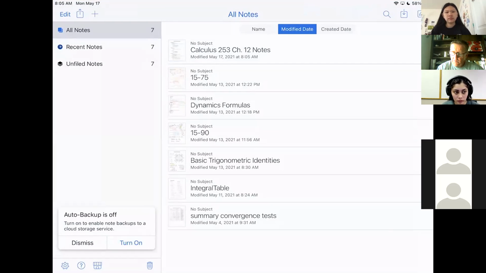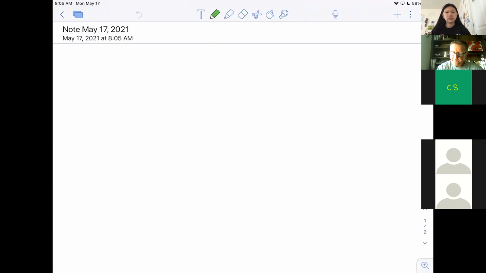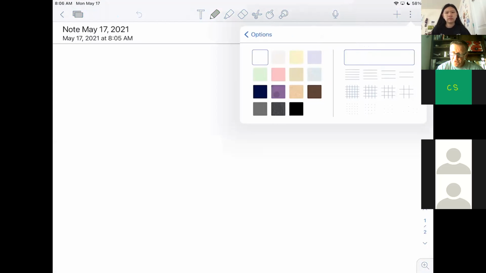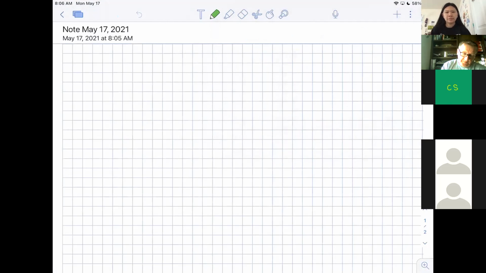So, new note sheet. And so what is this, 12.3, I think, 12.3. So here's the deal, polar calculus.